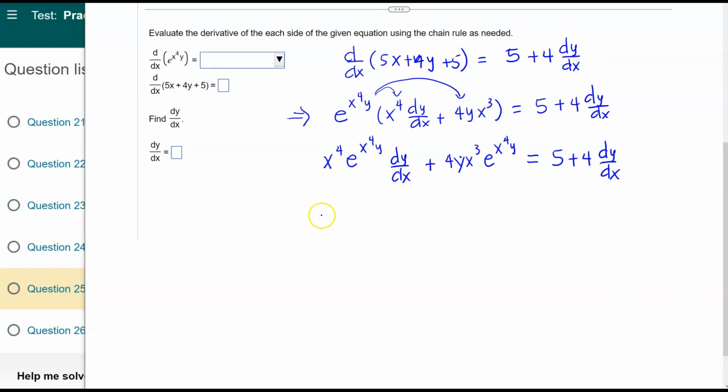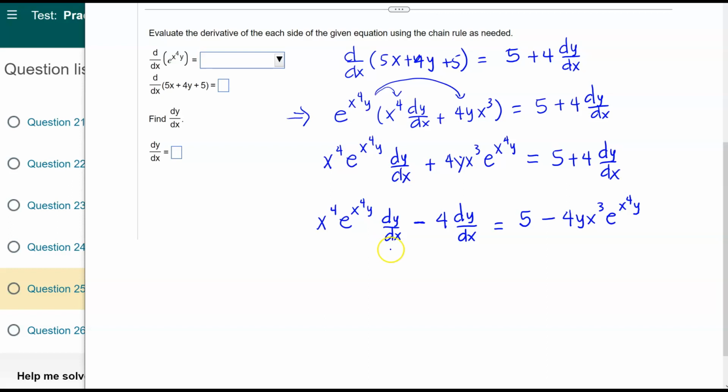So you have x to the fourth e to the x to the fourth y dy/dx minus, so you put this on this side, minus 4 dy/dx. Then you retain 5 here. Then you subtract this term here, which is 4yx cubed e to the x to the fourth y.